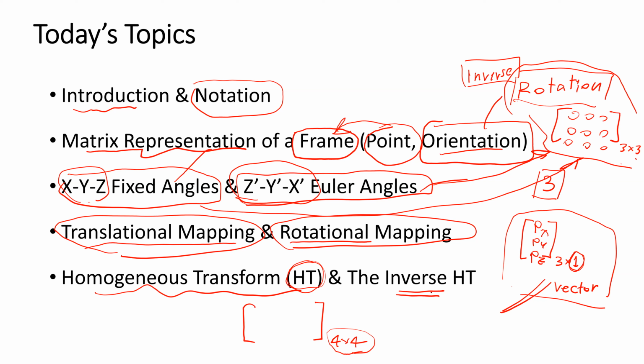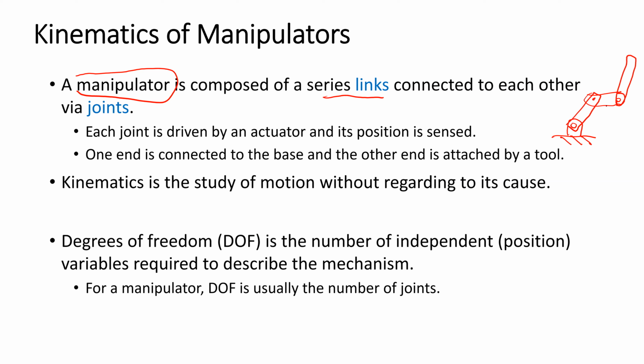In this picture the links are on a plane, but in the actual robot, the robot is in 3D space. The robot is connected by a series of links, and the links are connected with each other by joints. This is joint, joint, and joint.